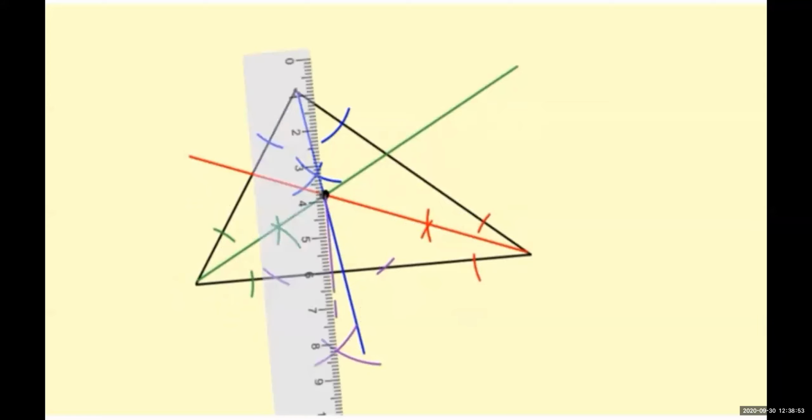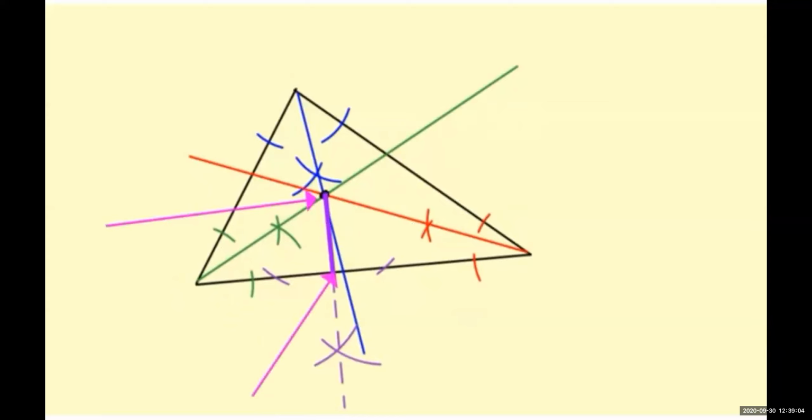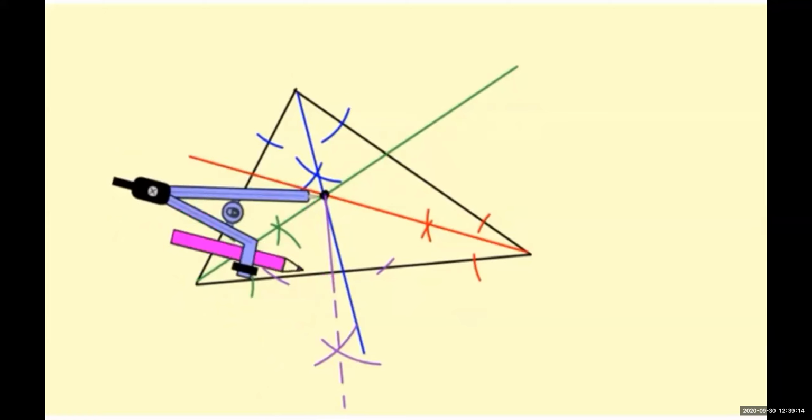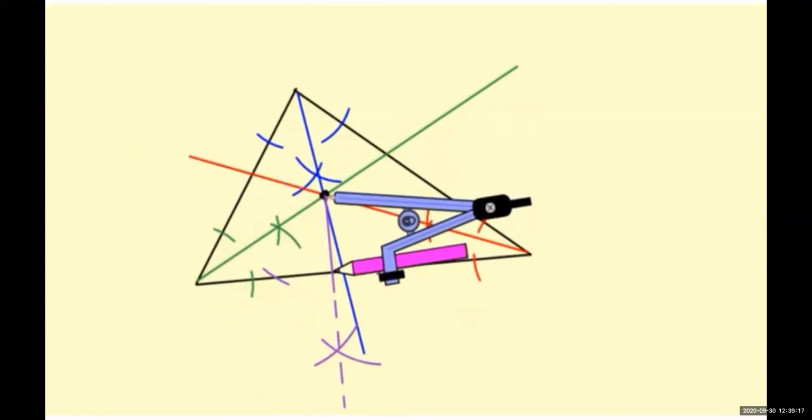So this is the radius till the side, perpendicular. The one in darker bold color is the radius. And by using that radius, we can draw the incircle.